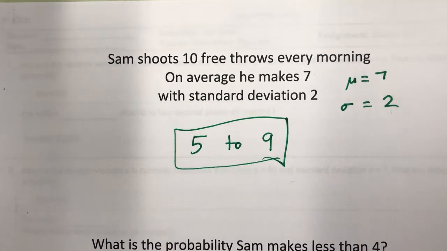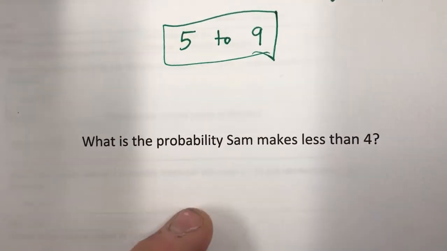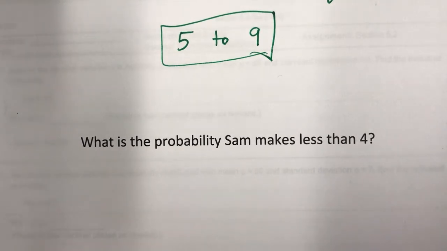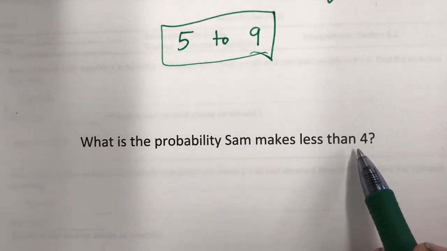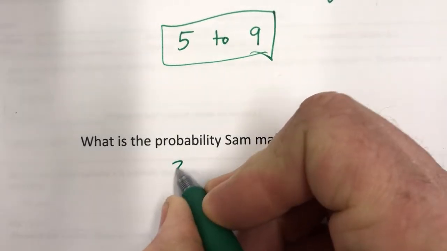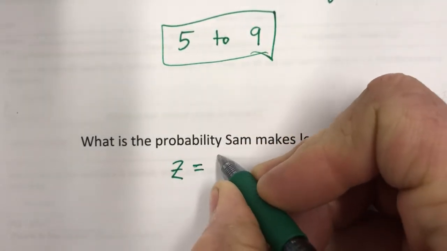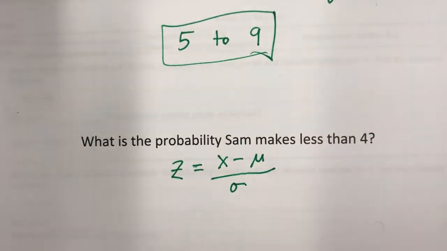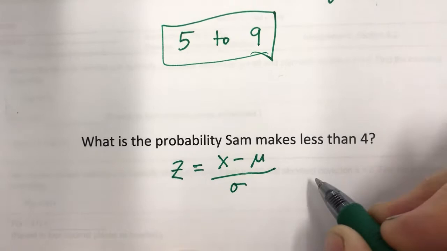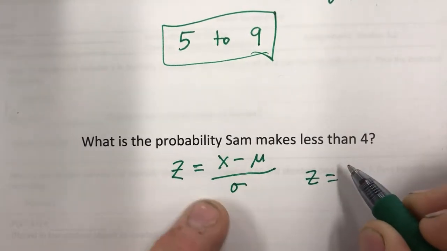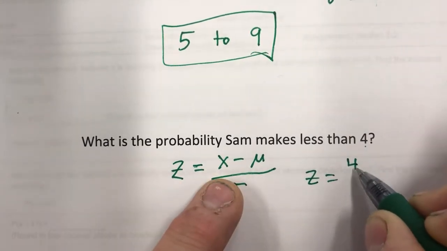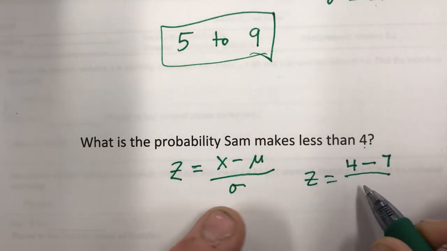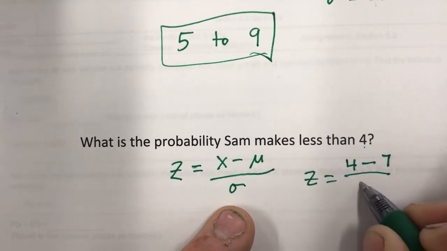Okay. Well, what's the probability that Sam makes less than 4? To do this, we're going to have to convert that into a z-score. Again, I'll write it down here: z equals x minus mu divided by sigma. So my z-score for this is going to be my x value, which is 4 in this case, minus my mu, which is 7, then divided by my standard deviation, which we said was 2.